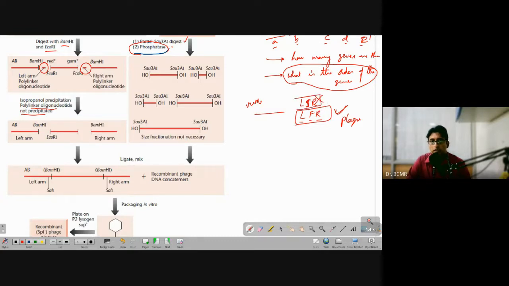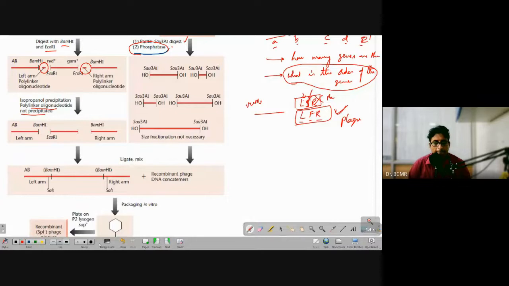First of all, these will not form in higher proportion because the polylinkers are removed. Even if they formed, they will not form a plaque because the red and gam present on the stuffer region would not have allowed the formation of plaques.